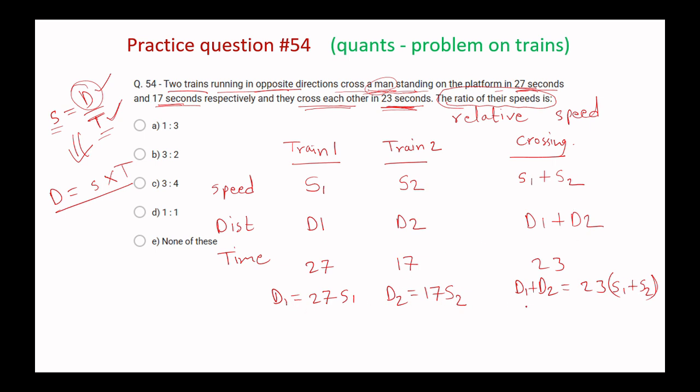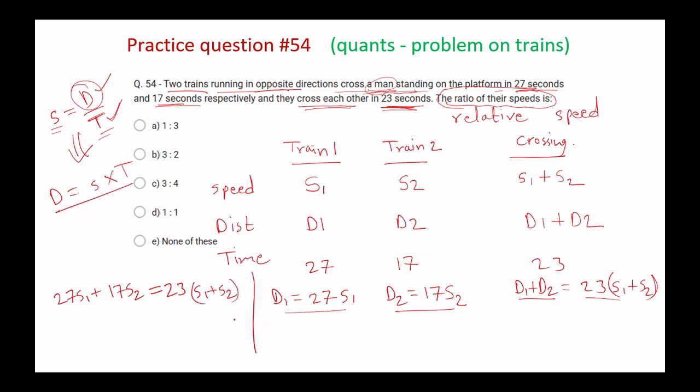Now what we will do next, let's add these two. That will be 27 s1 plus 17 s2 is equal to what? d1 and d2 we already have, so let's equate with it: 23 bracket s1 plus s2.